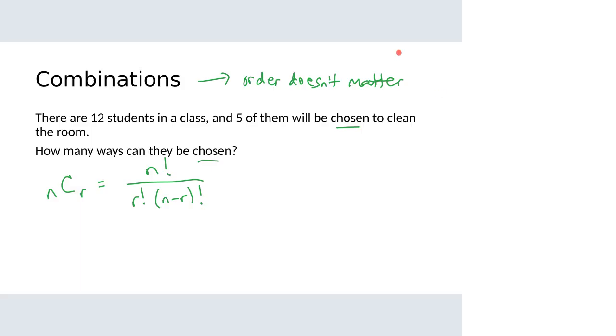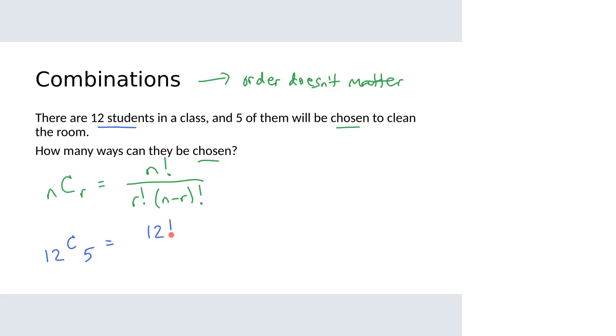In this particular case, I have 12 total students, and we're choosing 5 of them to clean the room. So a combination of 12 things taken 5 at a time. You might say 12 choose 5 if you're really being shorthand.